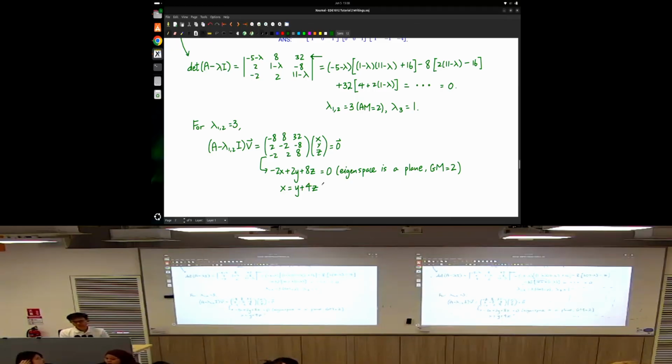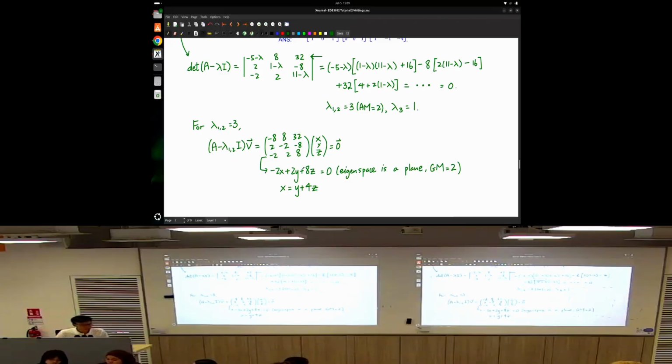So yes, it's 2 because this represents a plane. The dimension of the eigenspace, which is a plane, is 2. This is a 2D plane. That means it's a plane in 3 dimensions, but on the plane there are only 2 dimensions, because your x, y, z are not entirely free.